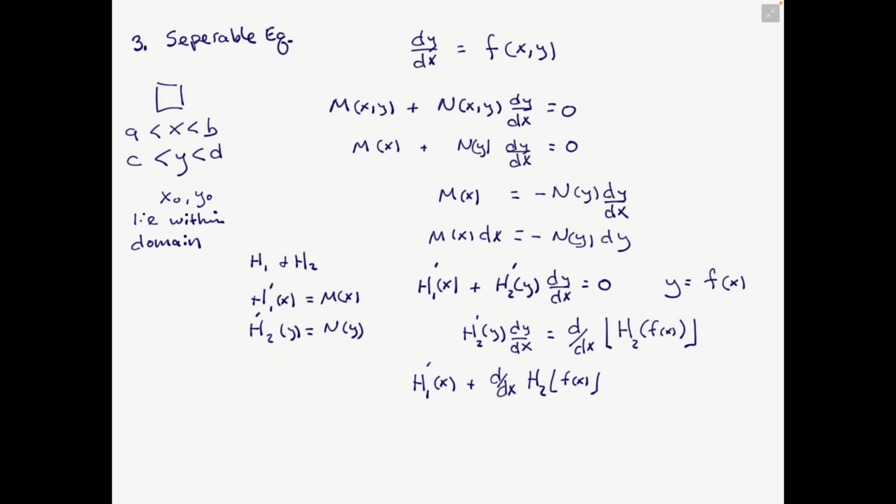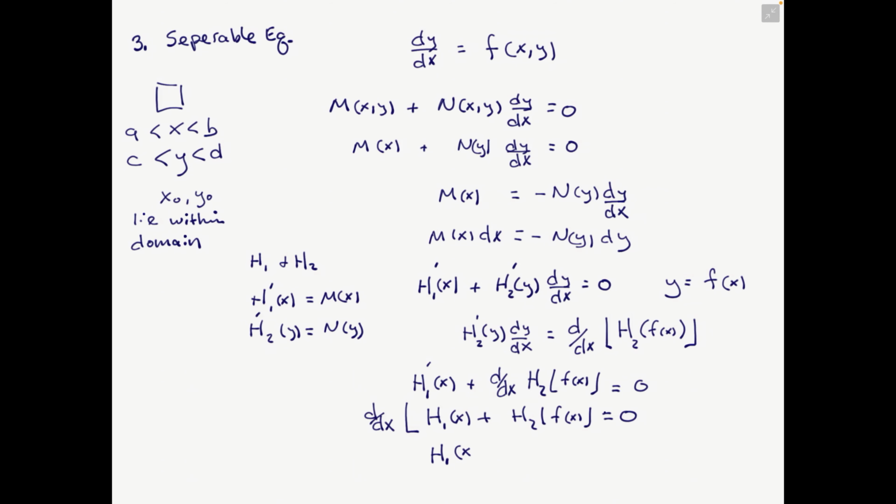And so then we put that back into the equation. We have h1 prime of x plus d/dx of h2 of f of x, and this is equal to 0.